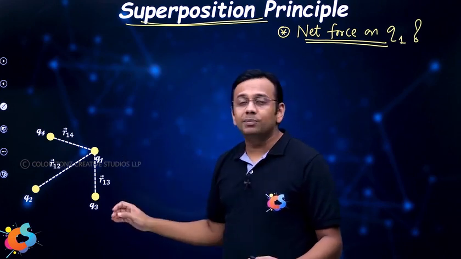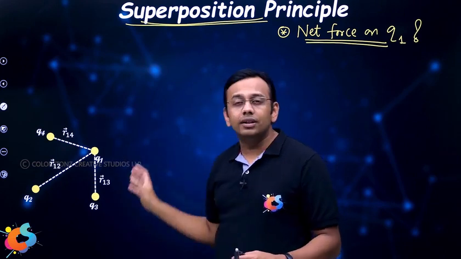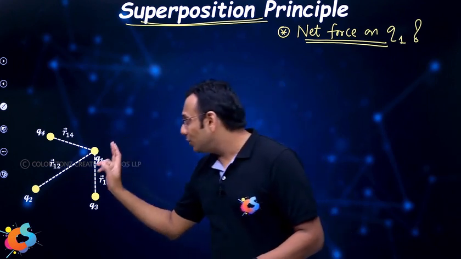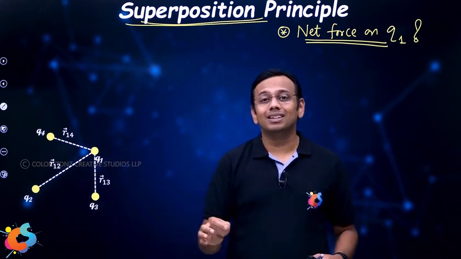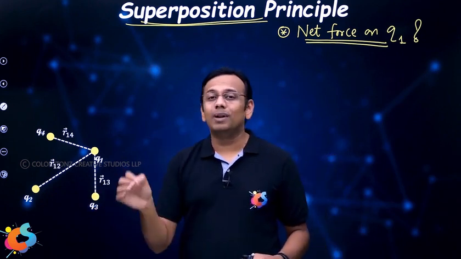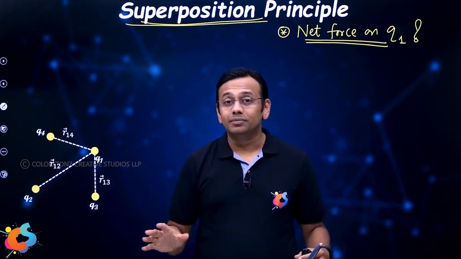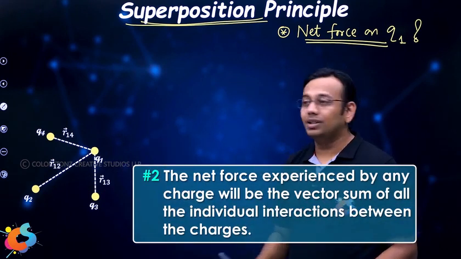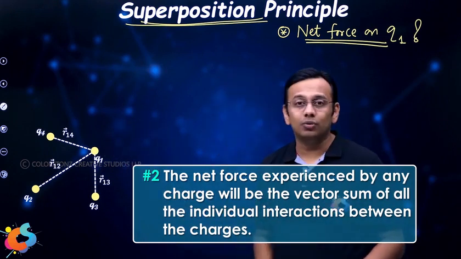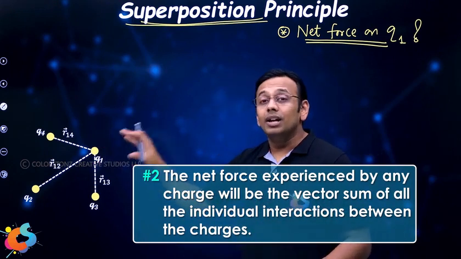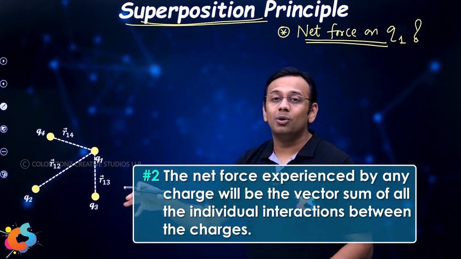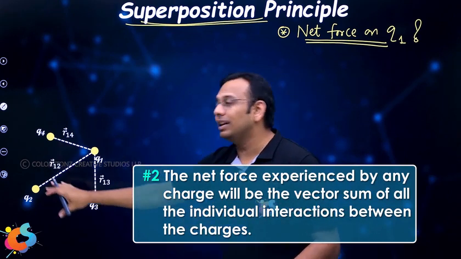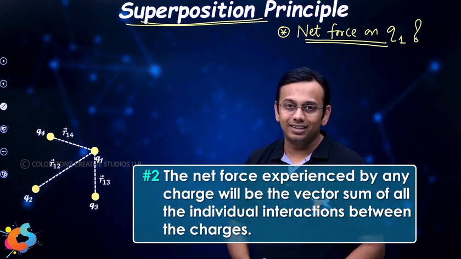Whether there are two charges present here or whether there are hundreds of charges present here, the interaction force between Q1 and Q2 will still remain the same and it will be governed by Coulomb's law. The second part states that the net force experienced by the charge Q1, or any charge, will be the vector sum of all the individual interactions between the particles.